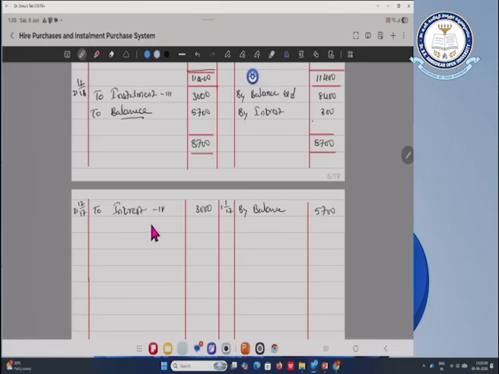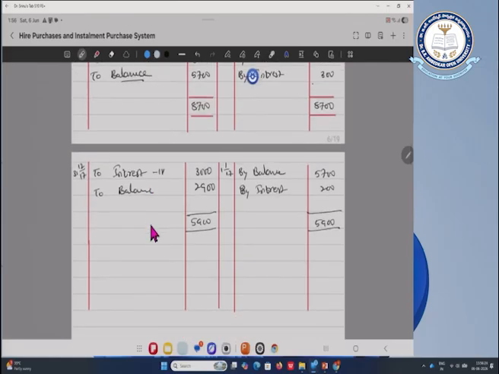So, how much interest do we have to pay for the fourth year? 200. Total balance is equal to how much? 5900. Still balance how much? 2900. So, 2900 is carried down.